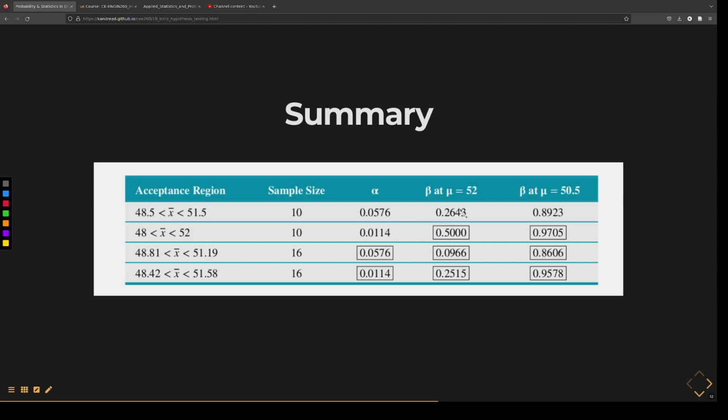But now, you see that if we have the type 2 error when mu is 52, we would have 0.2643 as the probability of a type 2 error, which dramatically increases when we have mu being very close to the hypothesized value, so 50.5.